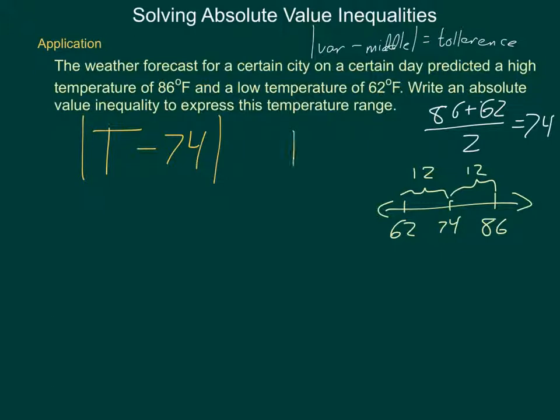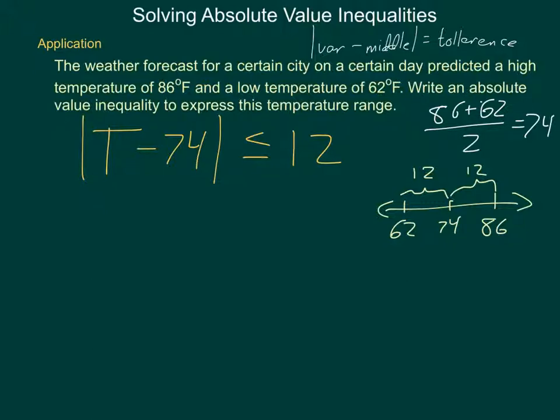So I have 12. Now we want what is inside of this range, and the way we get inside is less than or equal to. So the absolute value inequality that expresses this temperature range is the absolute value of T minus 74 has to be less than or equal to 12.